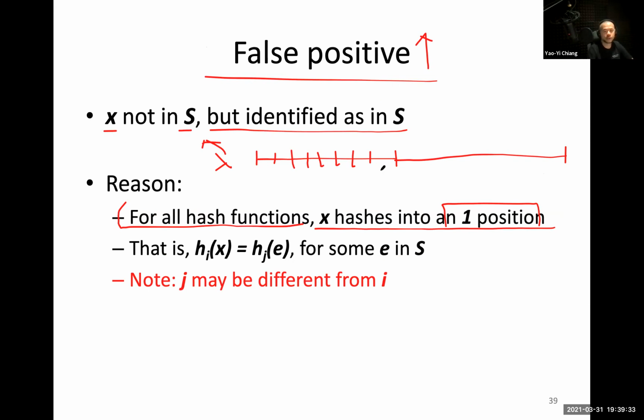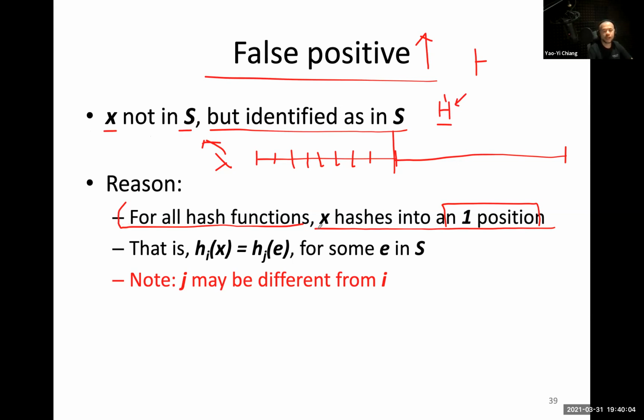Okay, Luke is right, when you have a short array. Let's say the shortest array would be 1 bit, right? Your hash function will just hash everybody to that bit and set it to 1. Then when a new data point comes in, it's always hashed into this bucket and it always has a 1. So you will always return yes, it's in the data set, but it might be wrong.